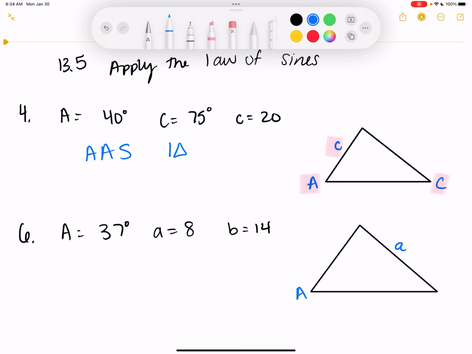Then side B, it doesn't really matter where I end up putting it, but just to be consistent with what I've been doing, I'll put it down here. So I've got side, angle, side, angle. And I will reiterate, it always goes in that order.